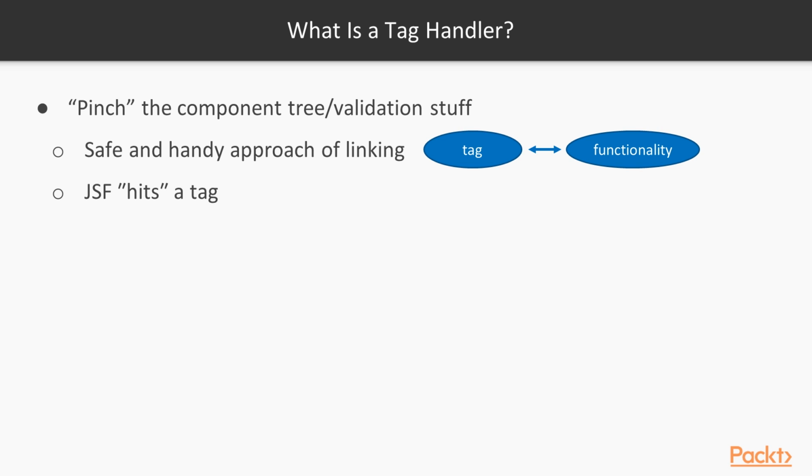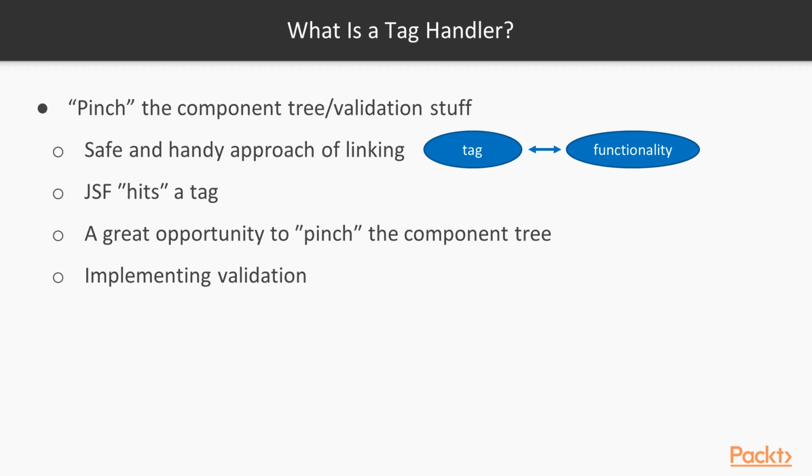This happens during the creation or restoration of the component tree, which provides a great opportunity to pinch the component tree just before it becomes entirely available. But tag handlers are good for implementing validation stuff as well, being a good place to prepare or modify the process validations phase.